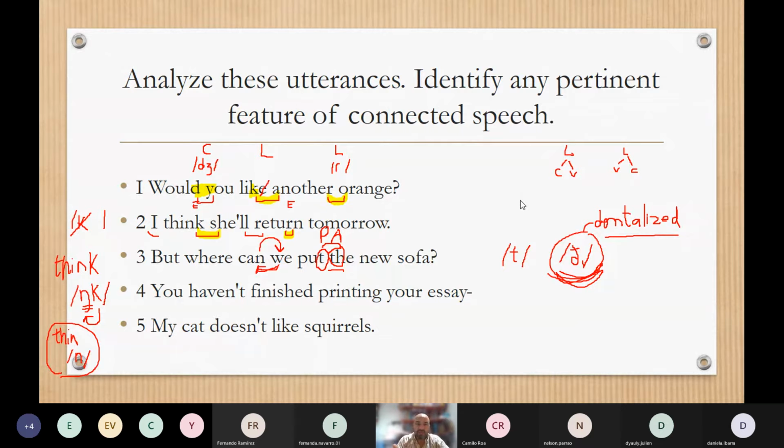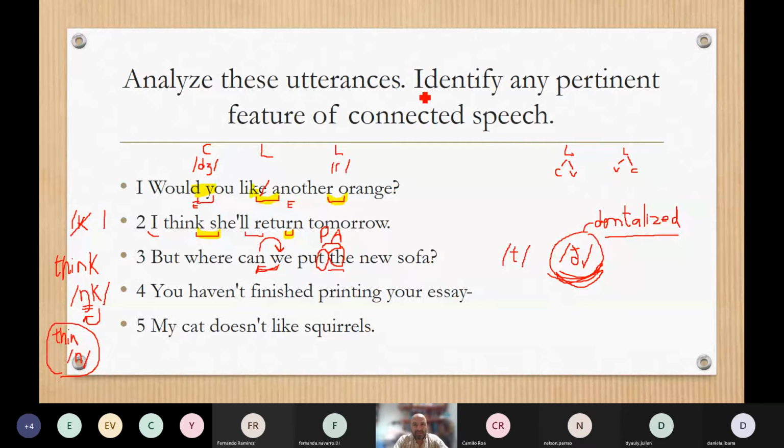Which is w. Can we? The lips, I don't know what you think, tend to get a more rounded shape than the regular and original sound. I mean, isolated.